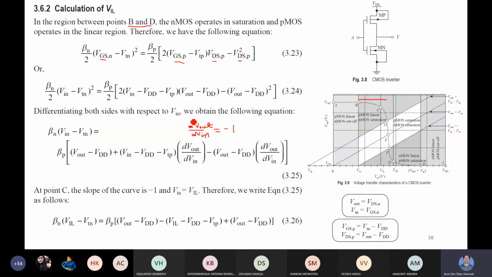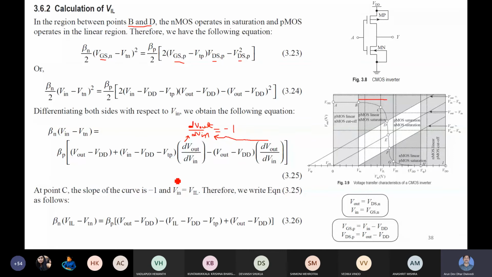After that, taking the differentiation, this may be substituted here, and this one also can be substituted with this one. These substitutions can be done. Then, by substituting dVout by dVin, the input voltage is taken.